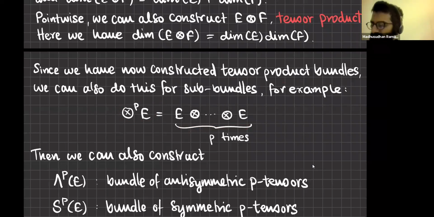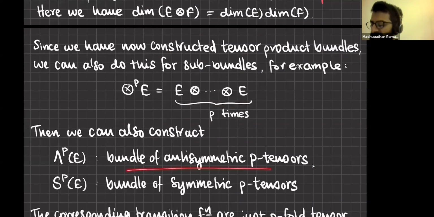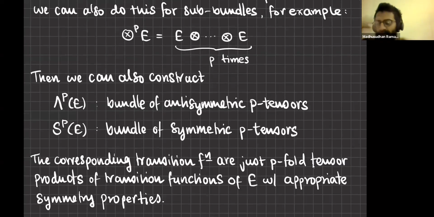You can also construct the bundle of antisymmetric p-tensors or the bundle of symmetric p-tensors, since these are really just antisymmetrized or symmetrized sub-bundles of this. The corresponding transition functions are just p-fold tensor products of the transition functions of E with the appropriate symmetry properties.